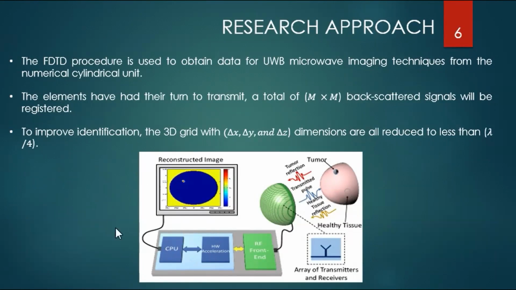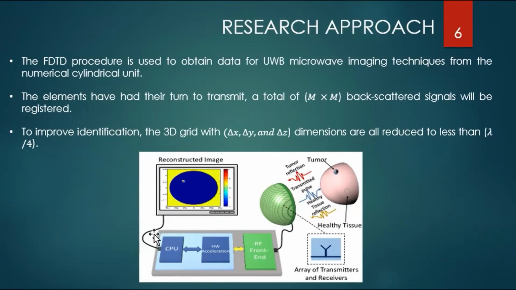The elements have their turn to transmit, for a total of m times m backscattered signals. We get the dimension of the scattered signals, register them, and inject them into the computer, so that the algorithm in the computer can produce the image.